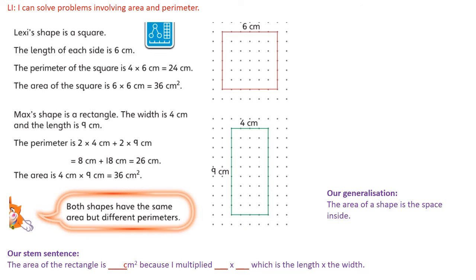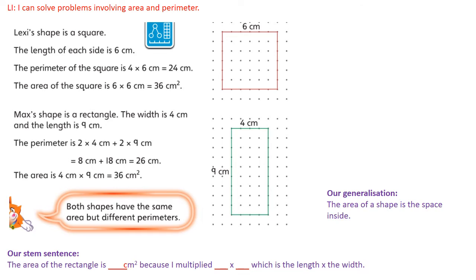Now let's look at Max's shape. His shape is a rectangle. So we have 2 sides that are 4 centimetres, and we have 2 sides that are 9 centimetres. So we could do 4 plus 4 plus 9 plus 9. But again, instead of using repeated addition, we've got 2 lots of 4 centimetres, so we can do 2 times 4.